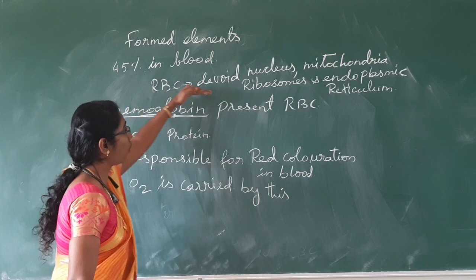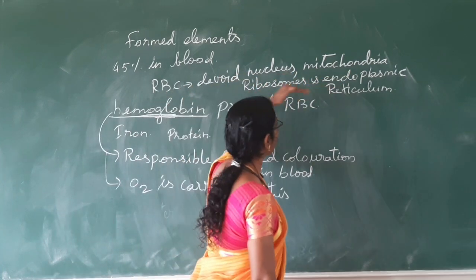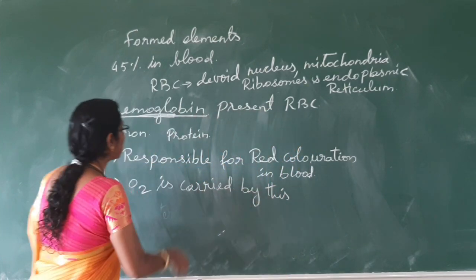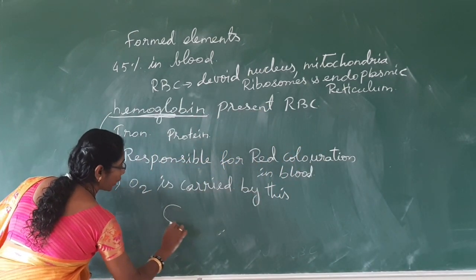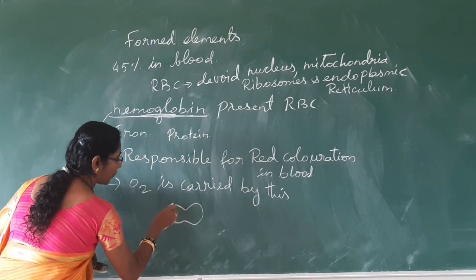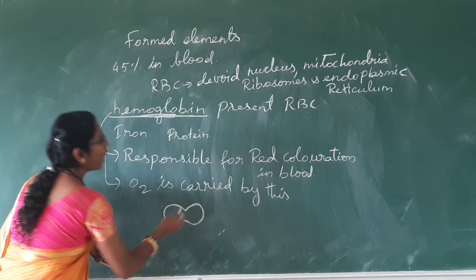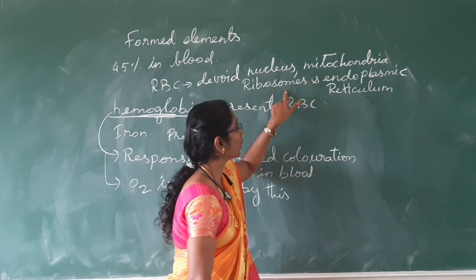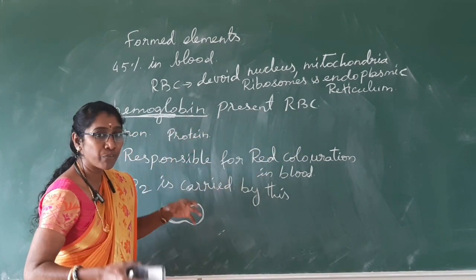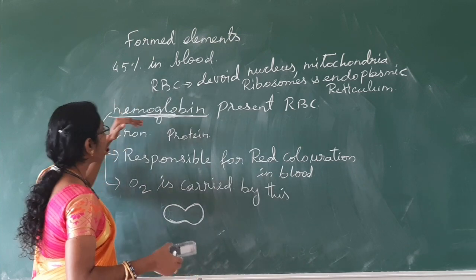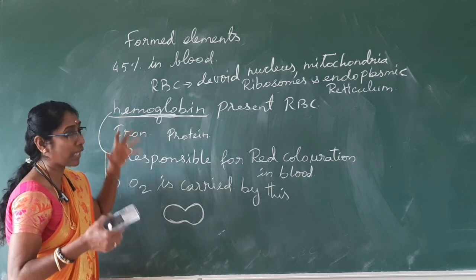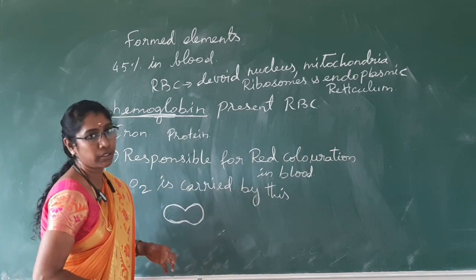So RBC lacks nucleus, mitochondria, ribosomes and endoplasmic reticulum. Since this RBC is biconcave in shape and lacks nucleus, mitochondria, ribosomes and endoplasmic reticulum, it benefits the RBC: the hemoglobin present in the RBC can capture more oxygen.